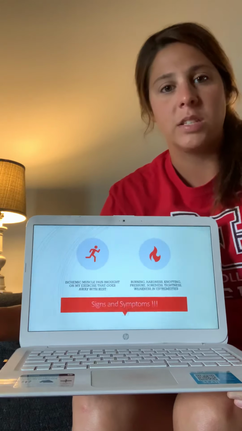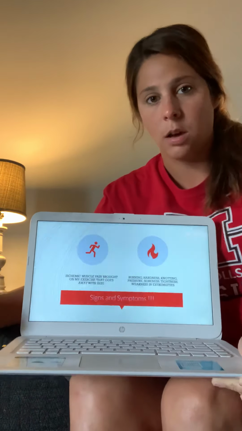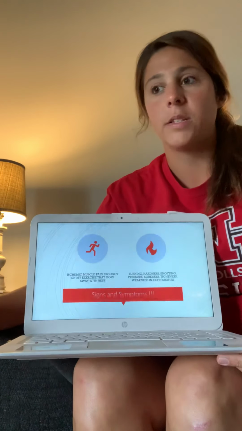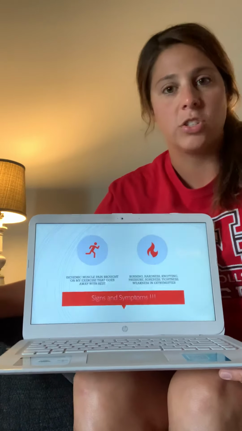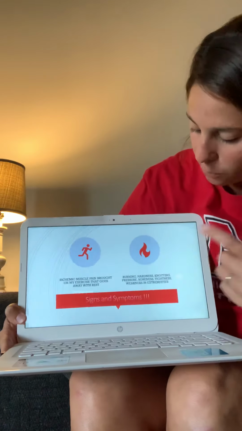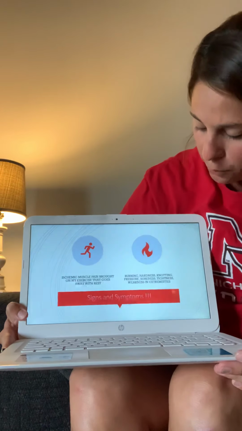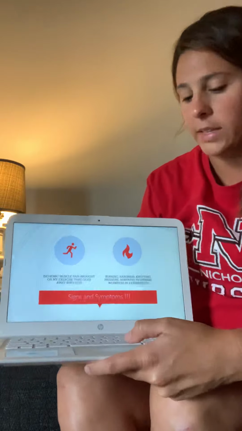And then as soon as he would sit down, give it a few minutes, it would go away. So that's one of the classic signs of PAD. It's happening because your blood can't get down there to oxygenate the muscles, so they begin to cramp up. Another one is burning, hardness, knotting, pressure, soreness, all in your extremities. Those are some classic signs.